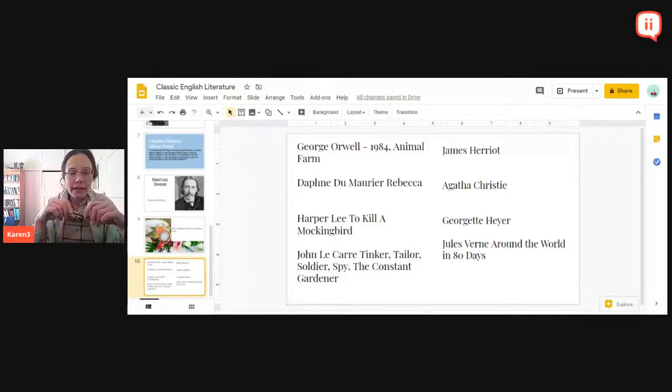All right, and then my last mention is a few that Jules Verne wrote, Around the World in 80 Days. He wrote science fiction back in the day, all right? Back in the Victorian times, he wrote science fiction where he said it was possible to go around the world in 80 days.